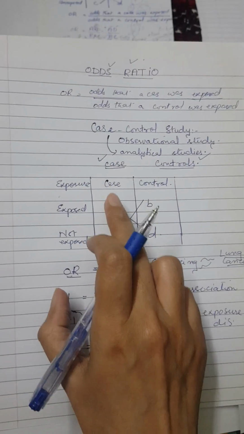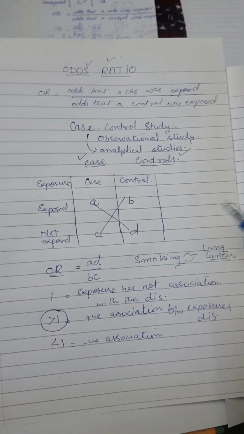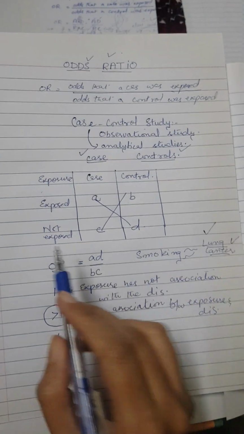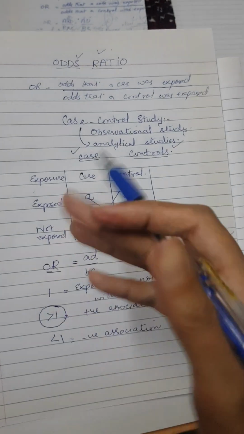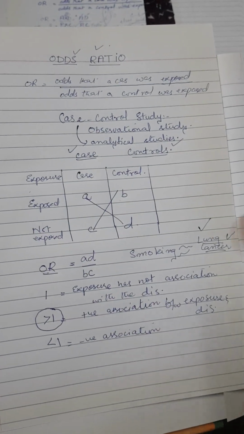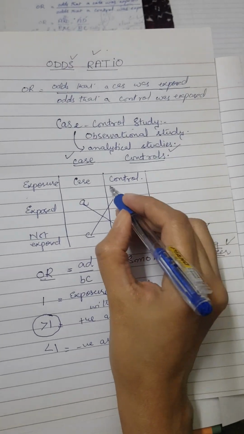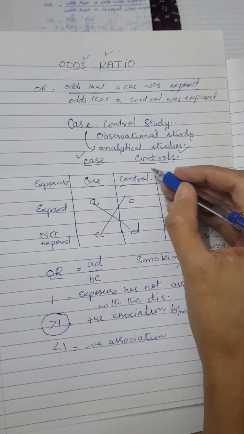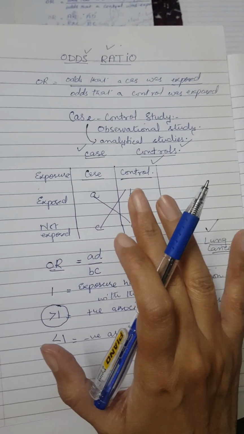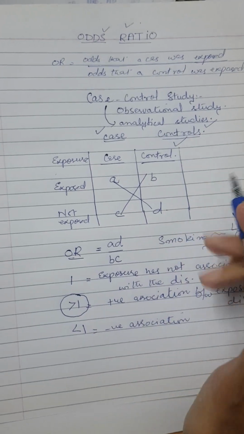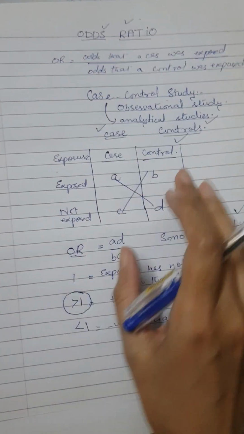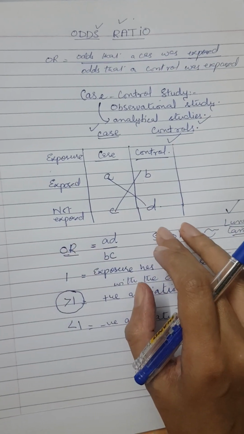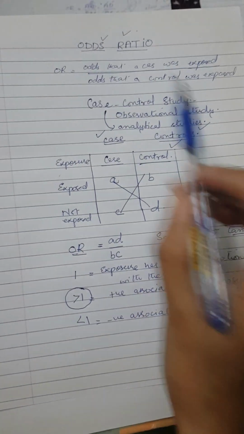So our cases will be those who have lung cancer with a history of exposure, obviously with a history of smoking since many years, while for the same cases we will have the controls. Controls will be disease free, but obviously controls will also have a history of smoking and controls without the history of smoking.